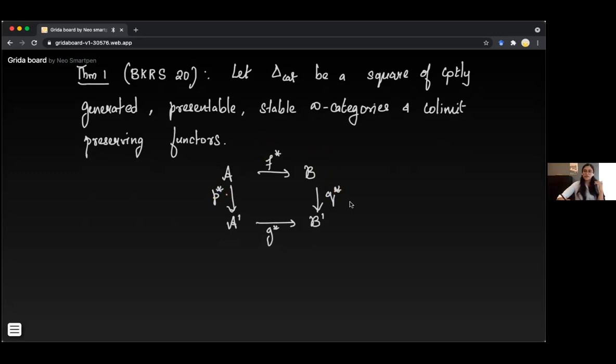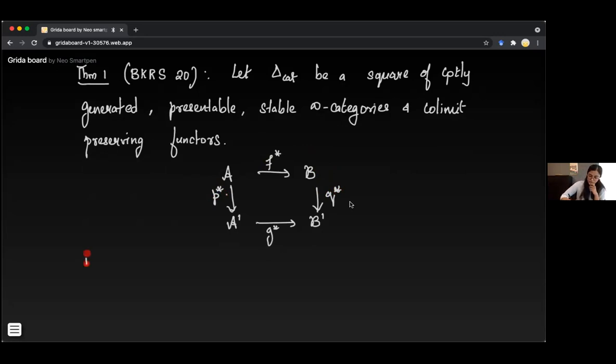And now we want to reformulate the condition that we have from a Milnor square of rings into what it gives us in terms of the categories. So the example to keep in mind is where these A, B, A prime, B prime are just the module categories over the rings that we had.